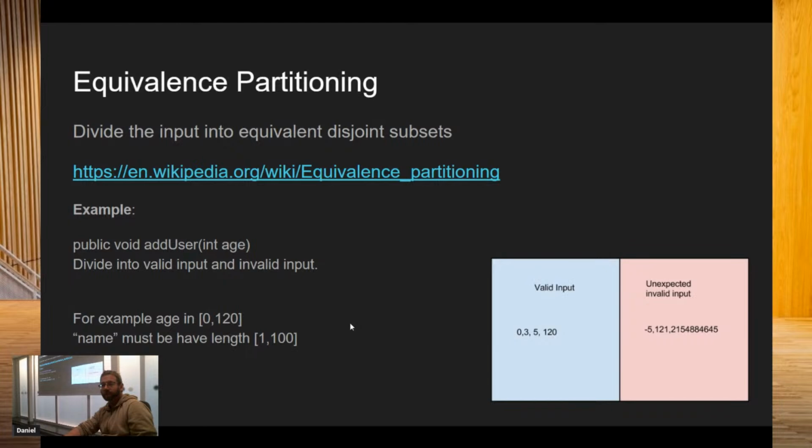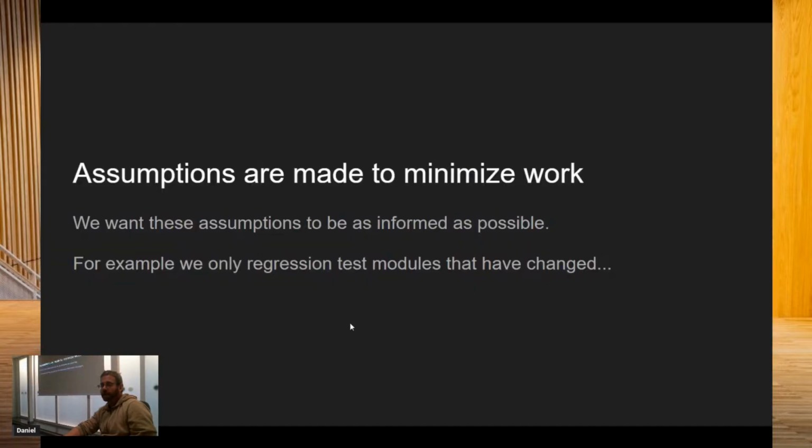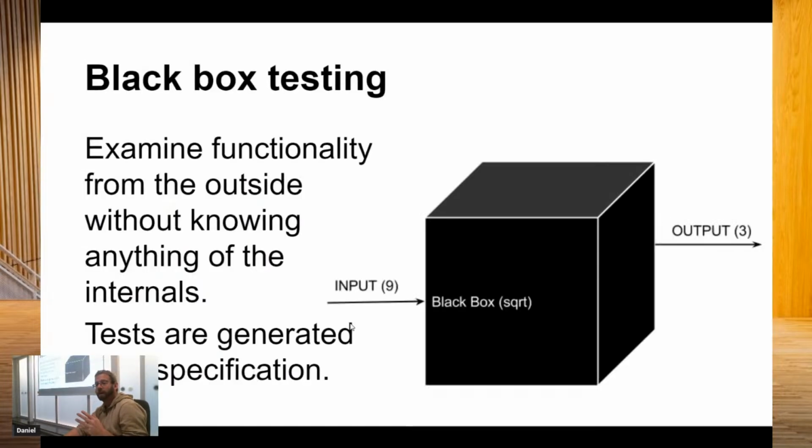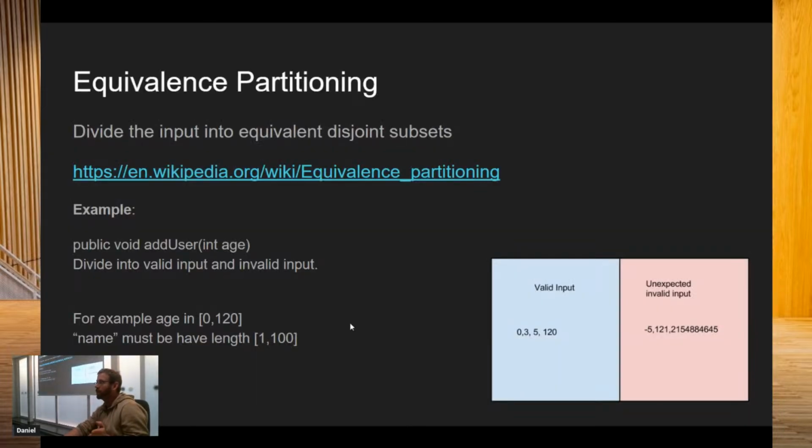One of the techniques, the assumptions that we can use to minimize work that is based on black box testing, is equivalence partitioning. Equivalence partitioning means that we divide our input into equivalent disjoint subsets.